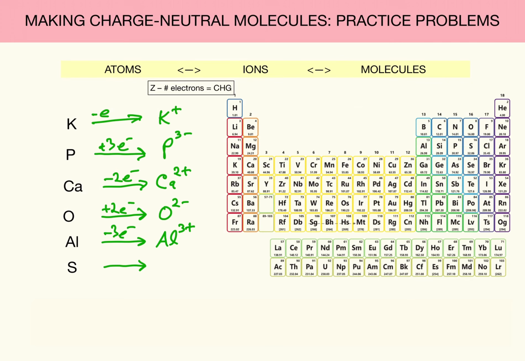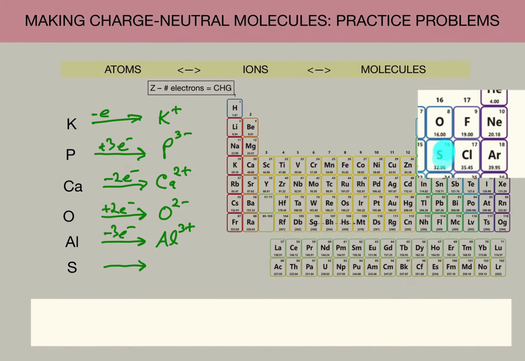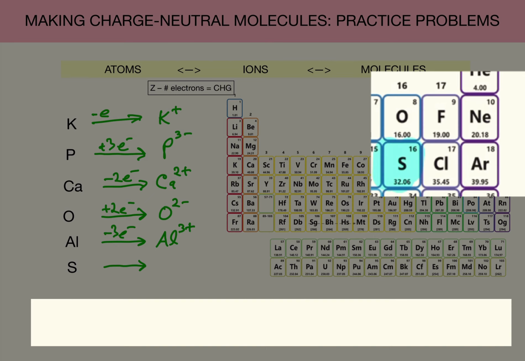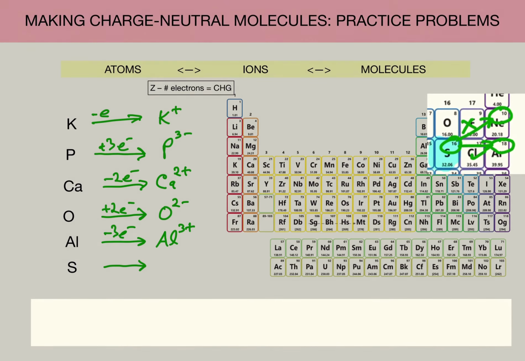And finally, sulfur. Sulfur has 16 protons, and so its shortest path is going to be to gain 2 electrons rather than to lose 6.